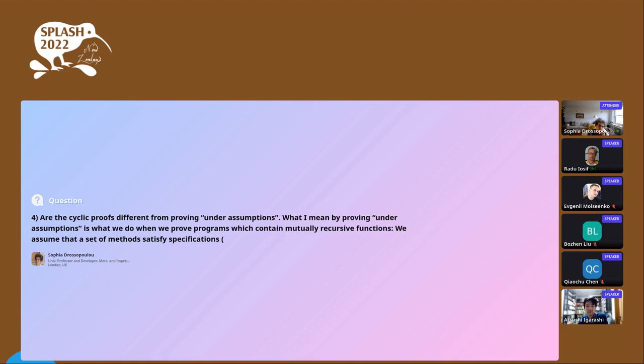Yes. So in fact, cyclic proofs do not require assumptions. All we need is to have a goal that needs to be proved, and from that goal we apply the proof rules. So we have a proof system with schemes of proof rules, as in virtually any proof system, like in natural deduction. We apply these rules backwards, and we generate premises, and then we build a tree of premises like that.